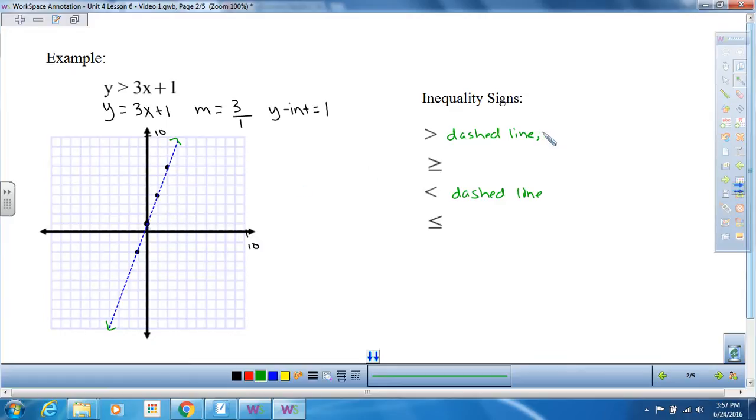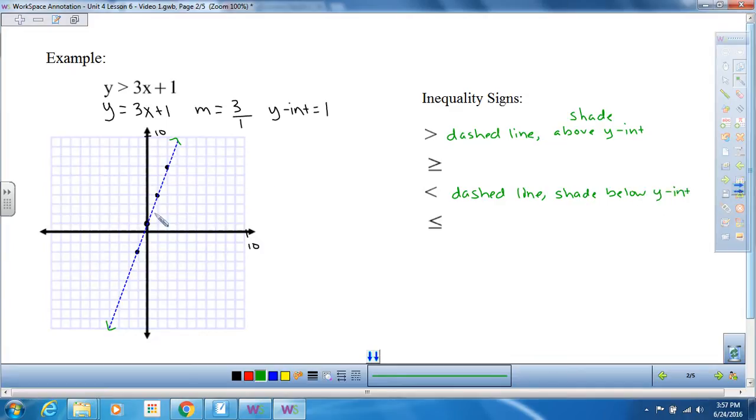And to tell if it's above or below, you start at the y-intercept and you shade on the side of the line that's above. So shade above y-intercept, and shade below. So if it's less than, you shade below.